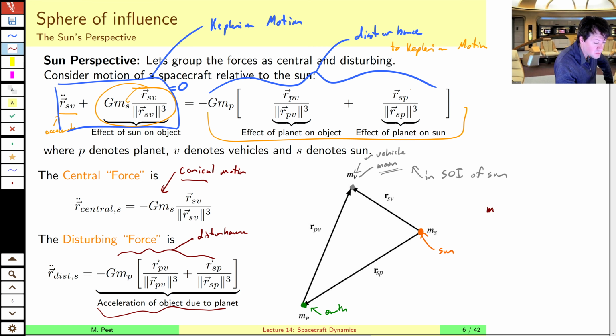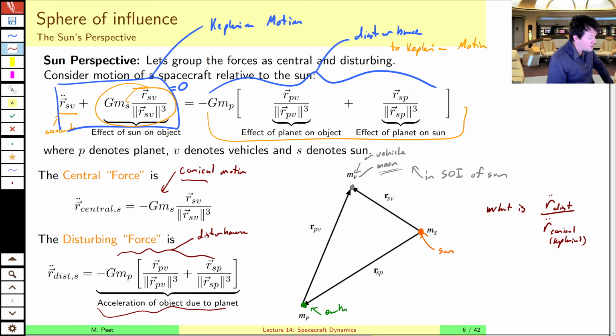So specifically, what is the ratio of the disturbance divided by the conical, Keplerian part of the motion?